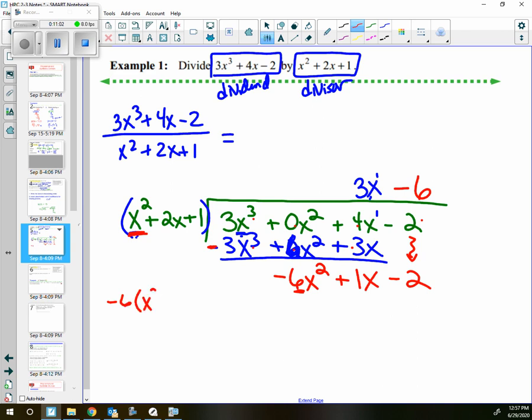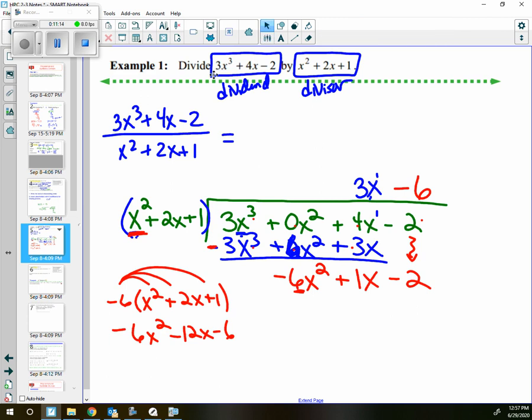So the scratch work here, if this helps you, just do the scratch work kind of off to the side, but you're distributing there, and that's what we're going to line up. So we got a negative 6x squared, a minus 12x, and a minus 6. That's kind of my scratch work. So I am multiplying negative 6 times my divisor, and I get negative 6x squared minus 12x minus 6.